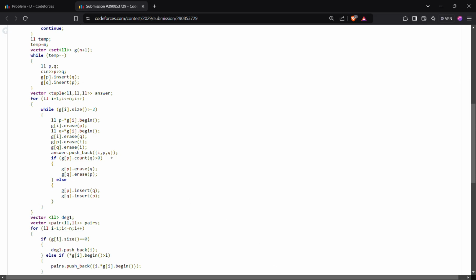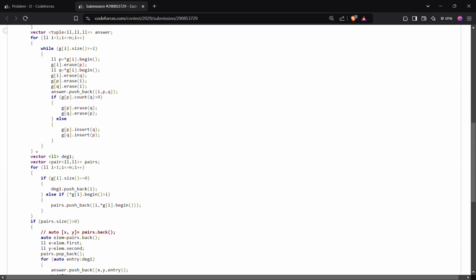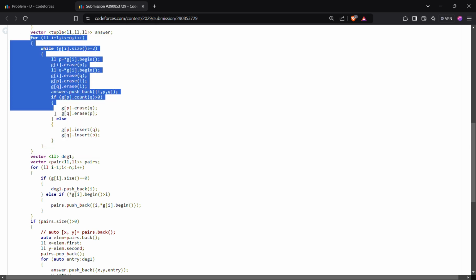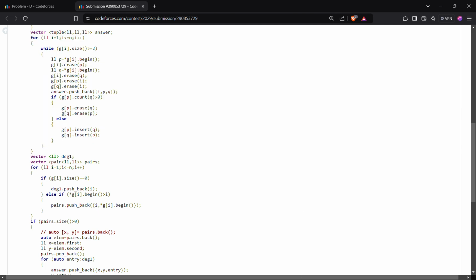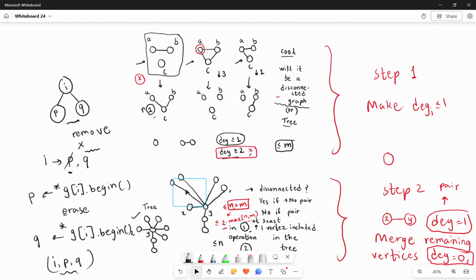So till here we are erasing p from i, q from i, and i from q, and here I am inserting the edge if it was not there and deleting it if it was there. So step 1 is completed.